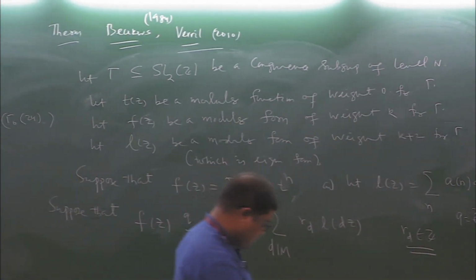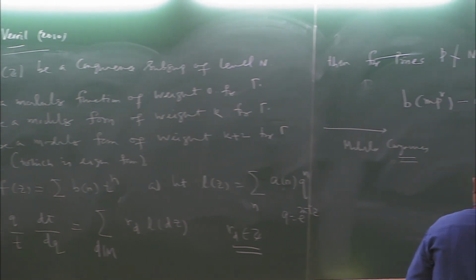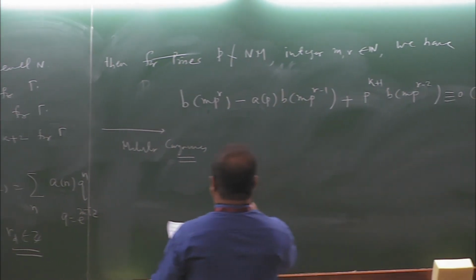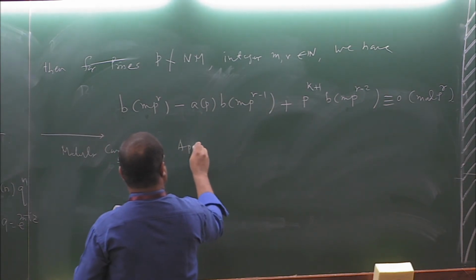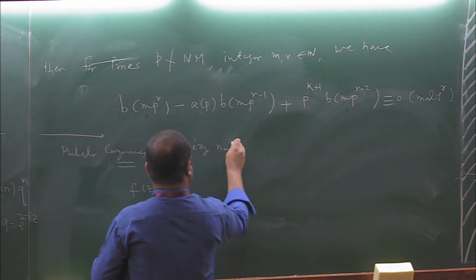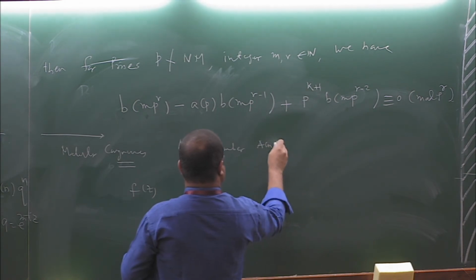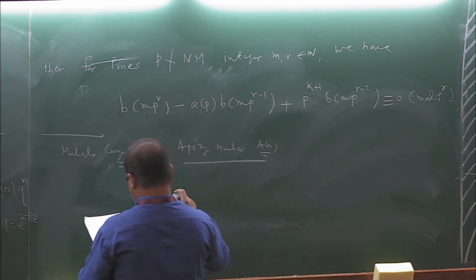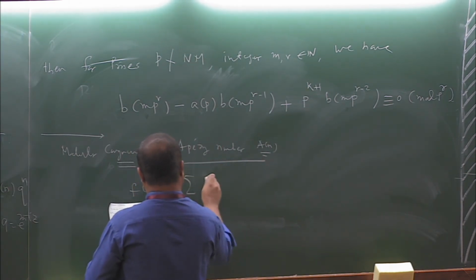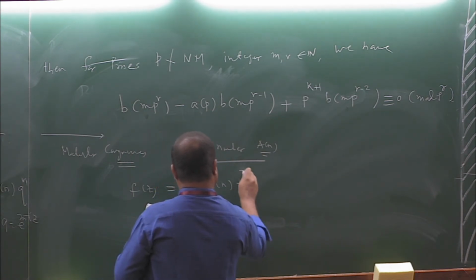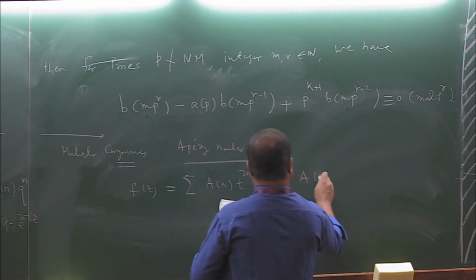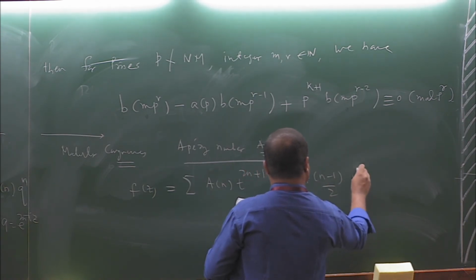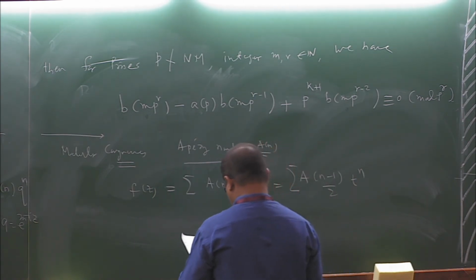Coming back to Beukers, these Apery numbers a_n: if f(z) is the sum of a_n t^(2n+1), I can write this by changing the variable to a_((n-1)/2) t^n and so on.